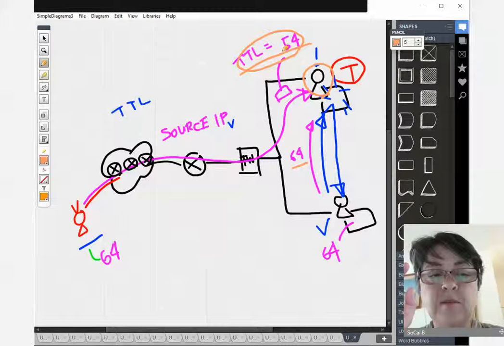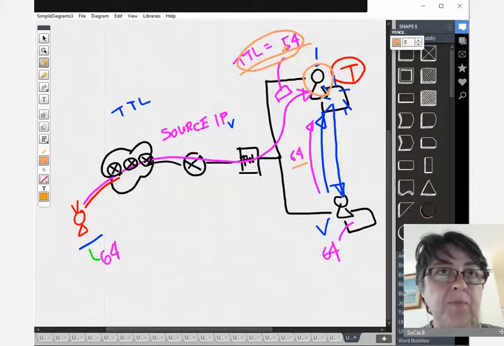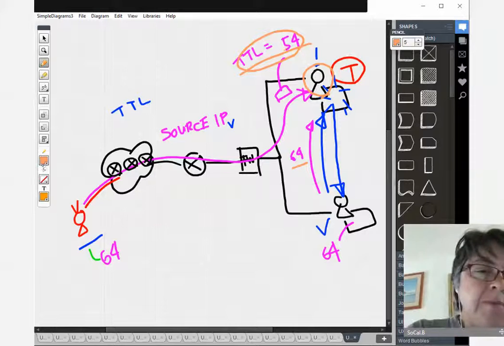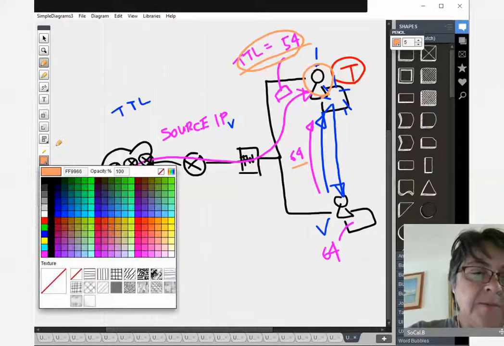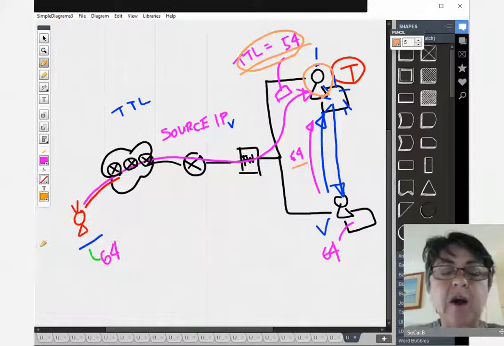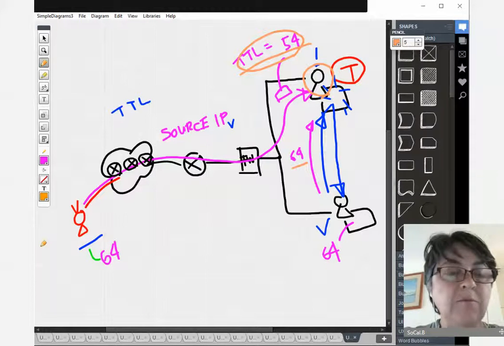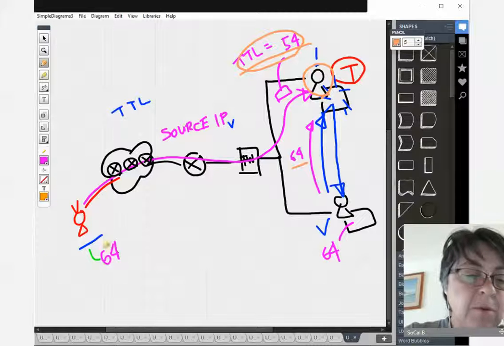Anybody not see that? Okay, so here's the trick. The 64 is just a recommendation. You can change it. So what if, because initially before I did the attack, I know how many hops it takes for me to get to the target, and I see that I have to go through 10 routers, so I'll just add 10 to it.